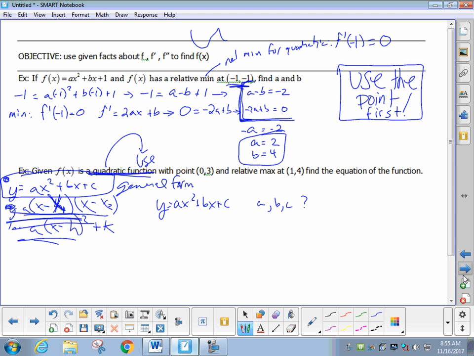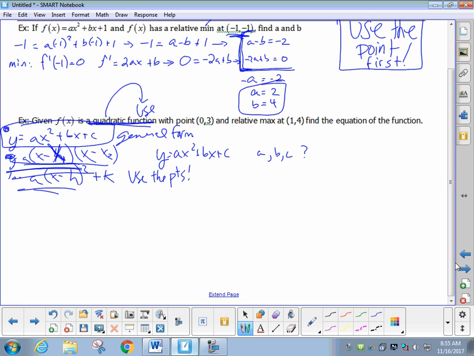Okay, so the first thing you do is use the points. Use them first and then get into the calculus. If you use (0, 3), that implies that 3 equals 0 plus 0 plus c. Right away, I know c is 3.